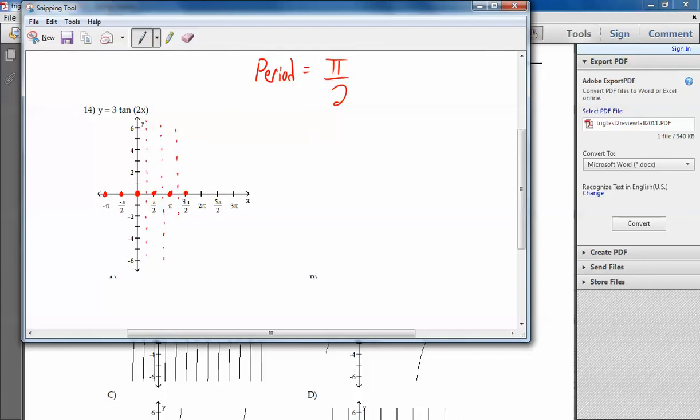Once you have a couple vertical asymptotes drawn, now the period is pi over 2, the amplitude is 3. The amplitude just makes the graph increase faster, so it won't have as much bow in the graph. And tangent is up and to the right, down and to the left.